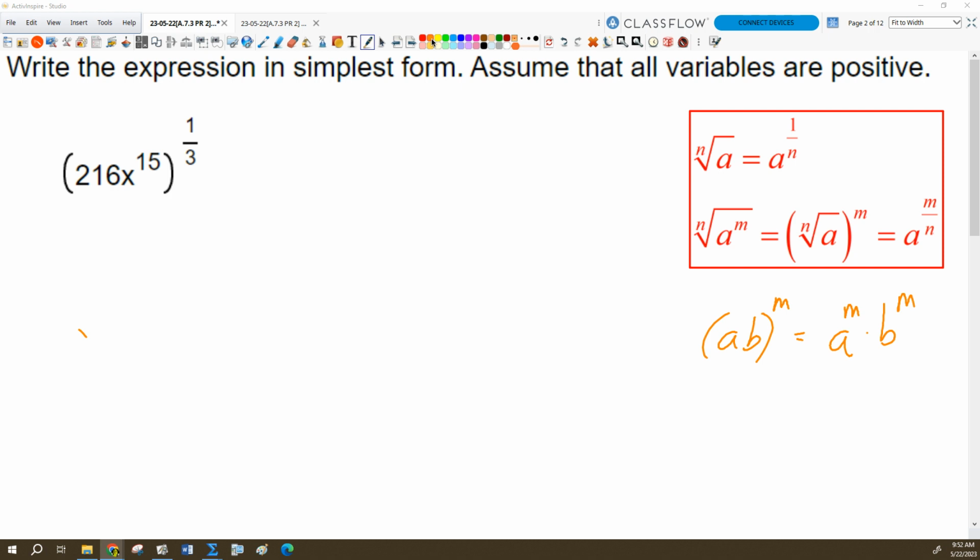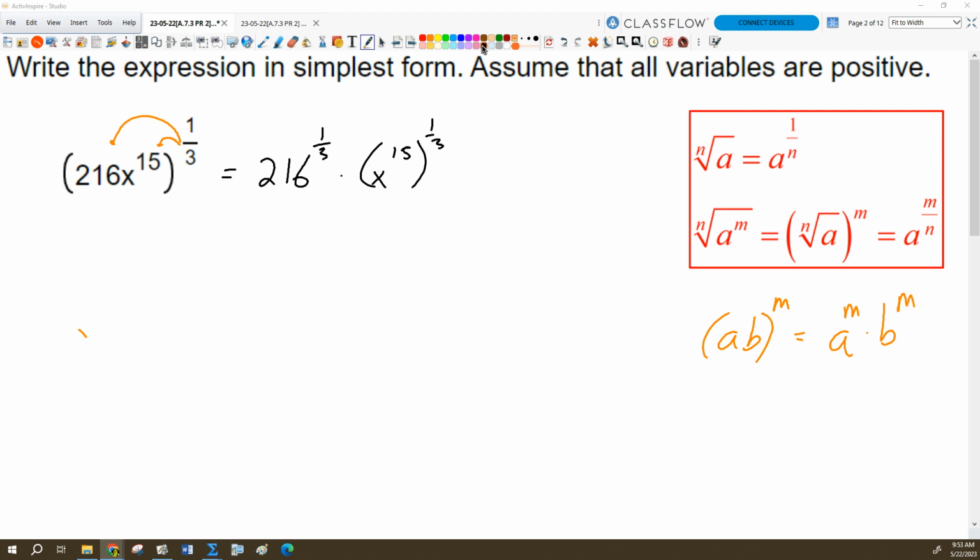So in this case, the 1/3 can go to the 216, and it can go to the x to the 15, right? Okay, so then we get this. This looks like 216 to the 1/3 times x to the 15 to the 1/3.